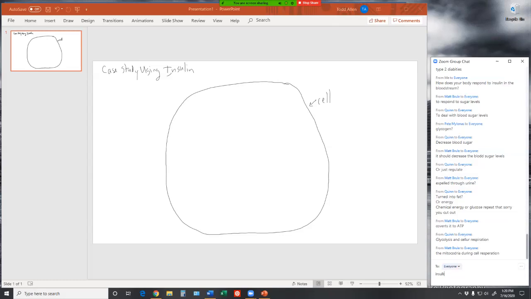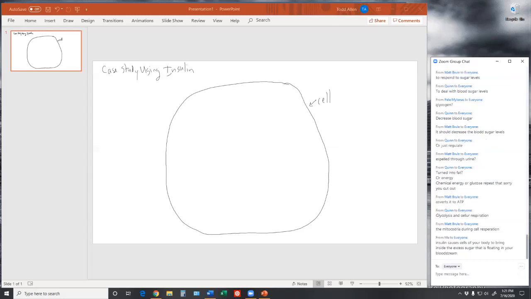Insulin causes cells of your body to bring inside the excess sugar that is floating in your bloodstream. Okay? Insulin causes the cells of your body, it triggers them to bring inside the excess sugar that is floating in your bloodstream. Okay? All right.